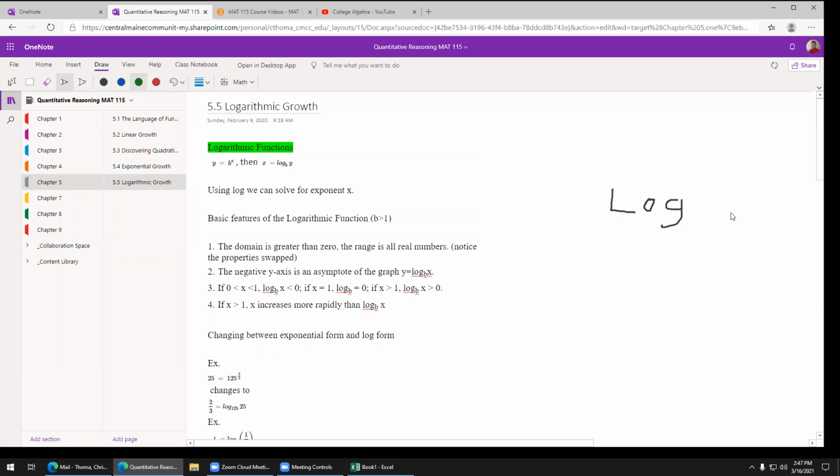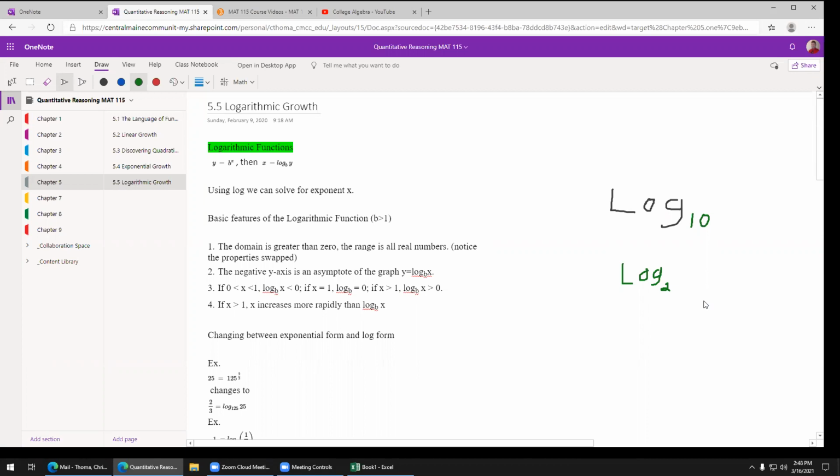What it is is to the base 10. So even though your calculator doesn't show it, there is a 10 there. So you've got to be really careful. If the problem has log with a 2 here, log base 2, your calculator will not solve that problem. Now, if you have a TI-84, you can make it solve that problem. I'm going to show you ways to do it so you don't have to go buy an expensive calculator. Also, Excel will solve it for you.